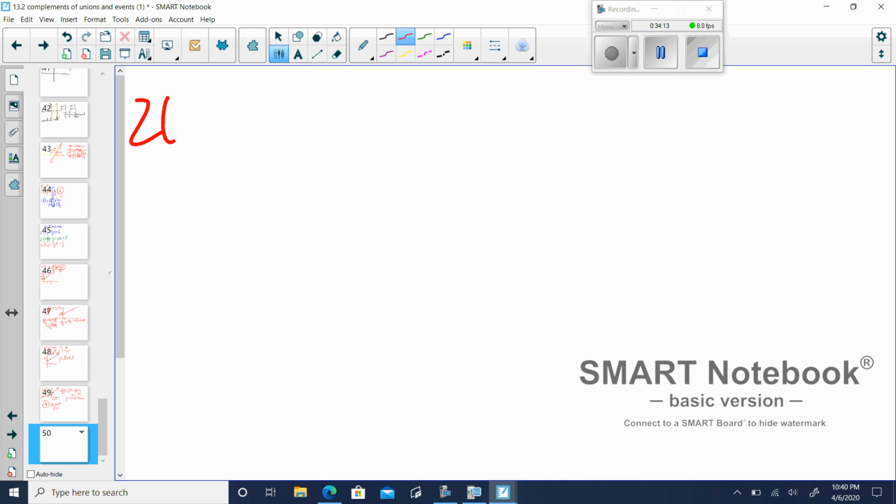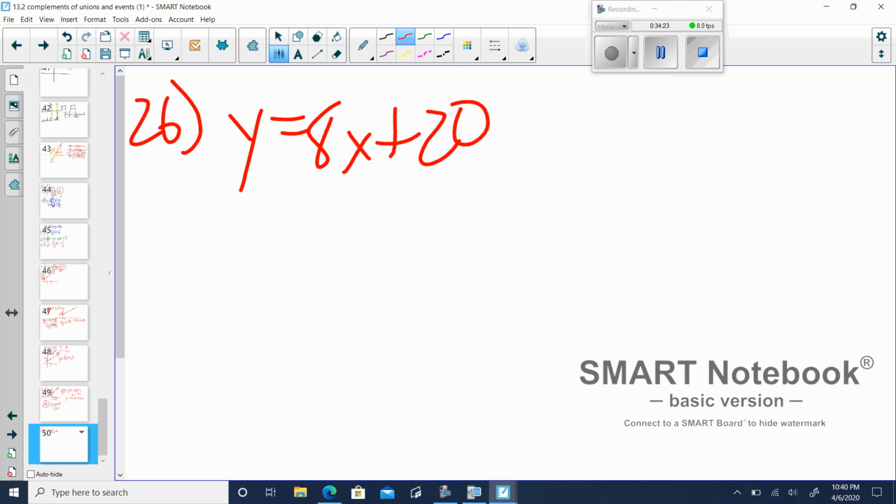Okay, so let's go to 26. Jackie has 20 postcards in her collection. She decides from now on, every time she goes on vacation, she's going to buy 8 postcards to add to the collection. Total number of postcards y can be represented y equals 8x plus 20. So what does the slope represent? The slope represents the number of postcards she's going to buy for each additional vacation.